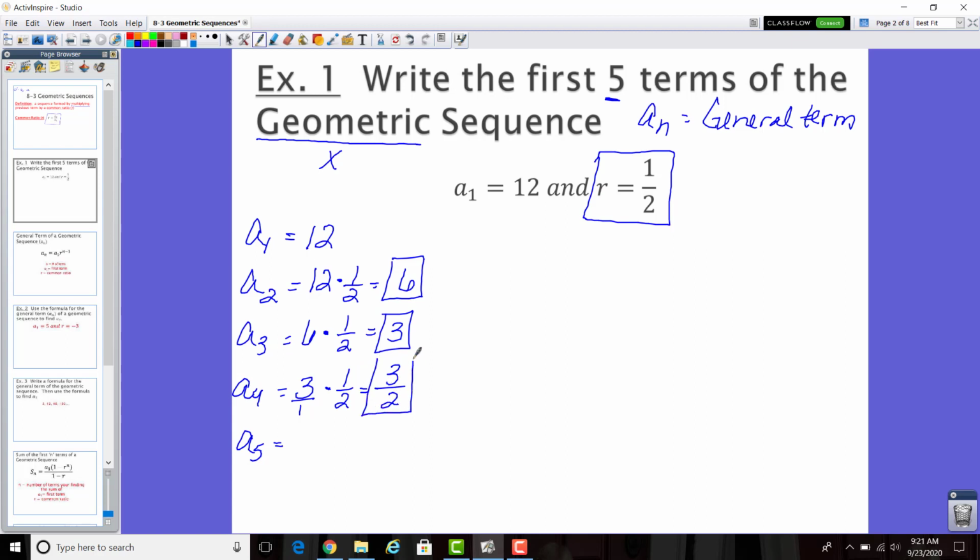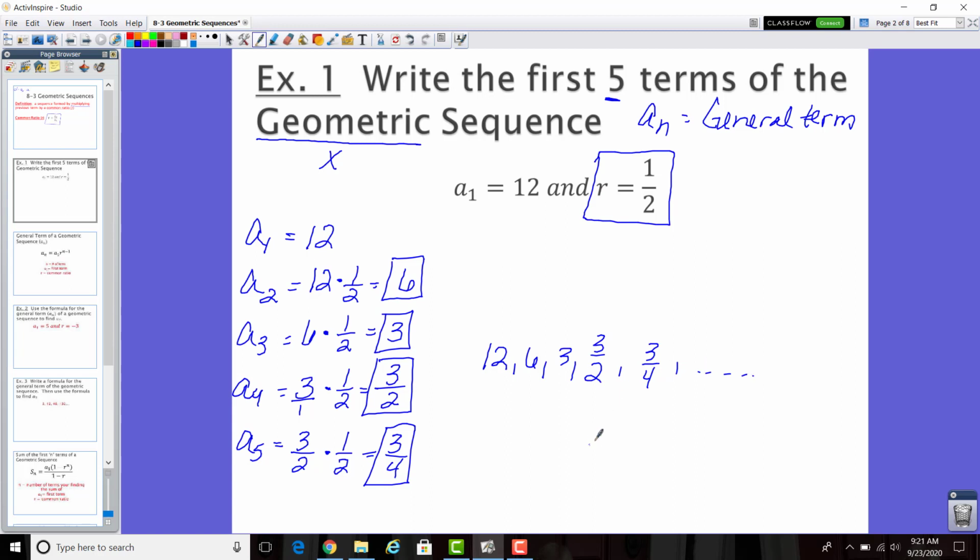So we get 3 over 2. So our fifth term takes our previous term of 3 over 2, and again, repeated multiplication by the common ratio of 1/2. This is going to give me 3/4. So I have a sequence of 12, 6, 3, 3 over 2, and 3/4.